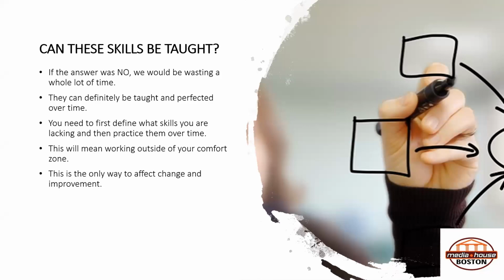But in order for us to do that, we first need to define what skills we have and what skills we are lacking. For that, we need to understand which interpersonal skills we have. We're definitely going to be looking at that more specifically next week. Next week, we're going to be dedicated to crafting interpersonal skills and measuring our interpersonal skills.